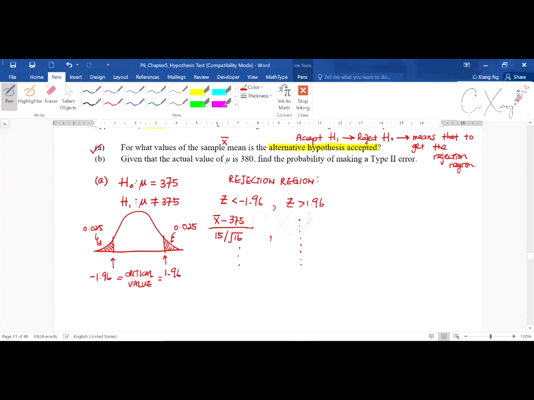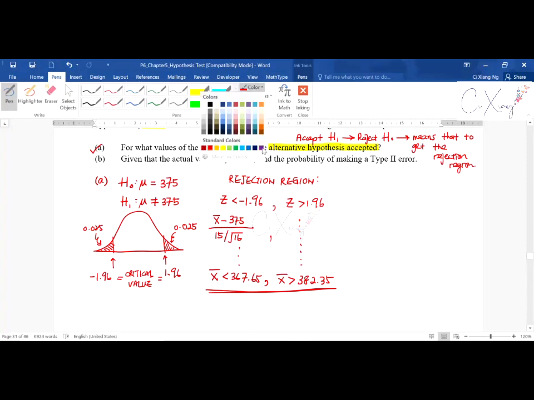Eventually you will have the rejection region, which is X smaller than 367.65, and the other one is sample mean more than 382.35. This is my rejection region. Please complete the missing part here on your own.